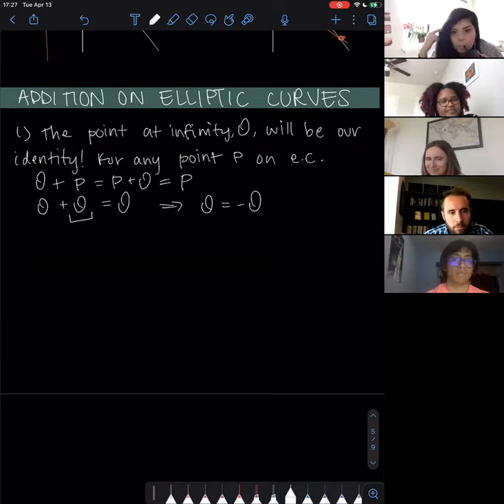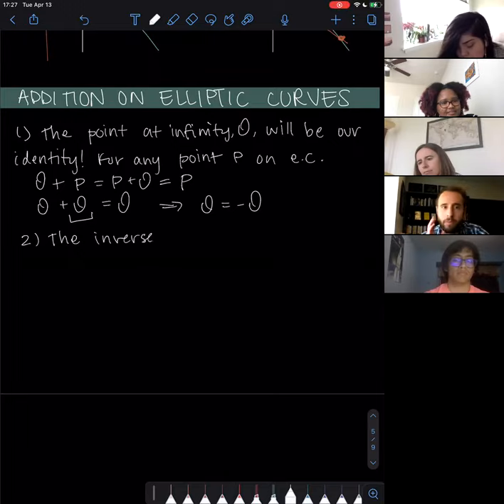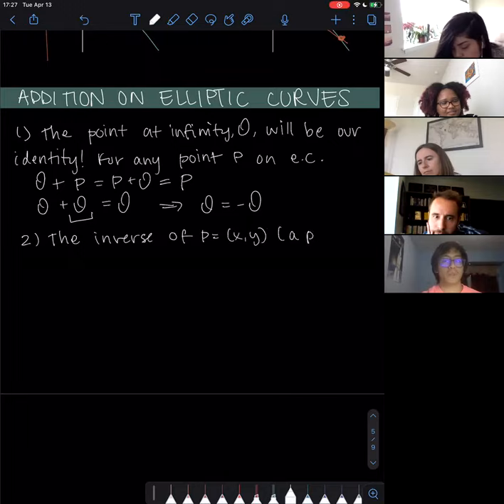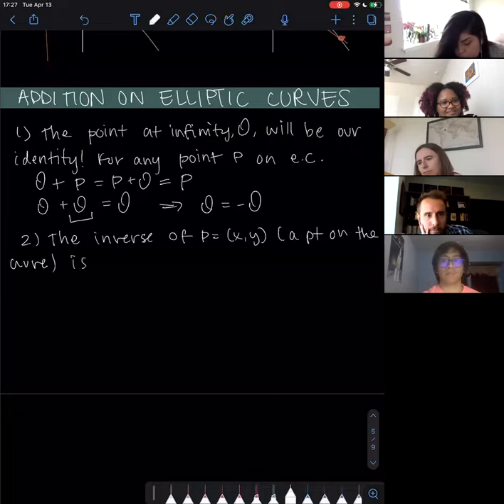And we've already talked about this fact a couple times, but we'll get the negative, or maybe I'll say the inverse of P, a point on the curve, is denoted with a minus sign, and we write x, negative y, right?